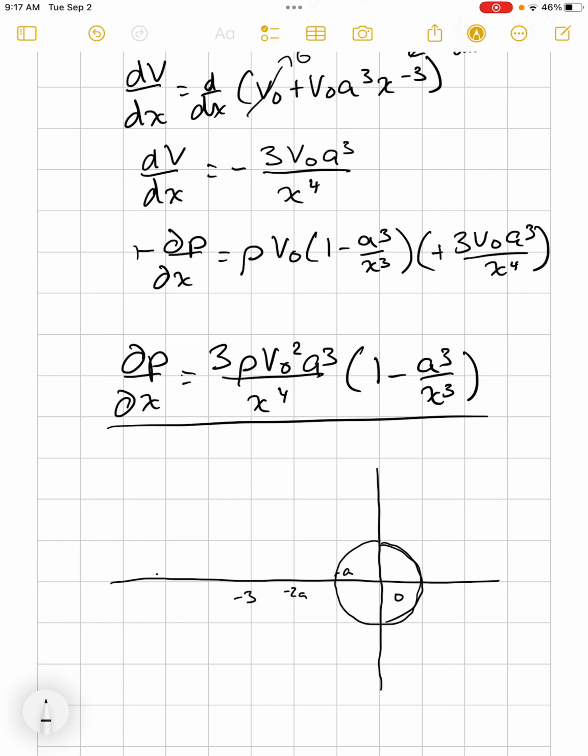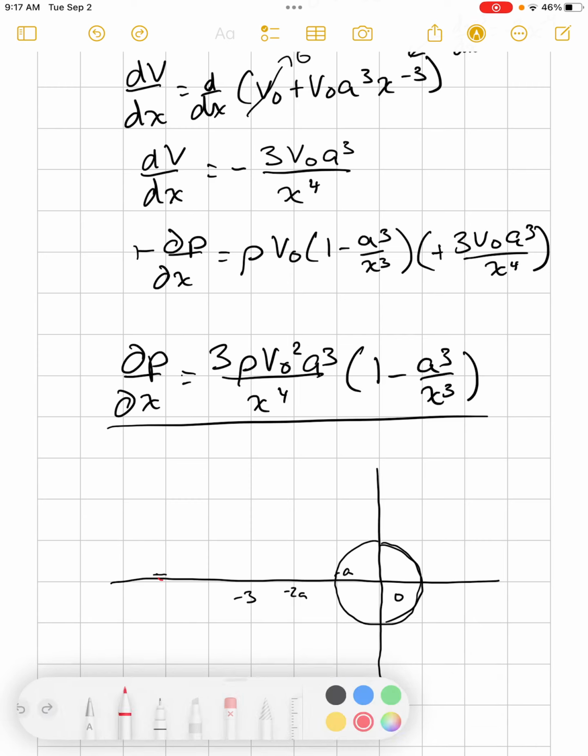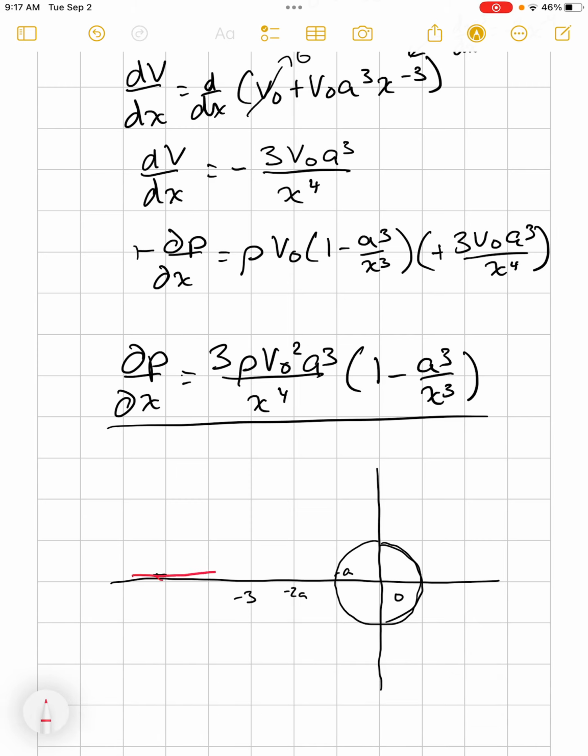What we get is something that at infinity is asymptotically approaching 0, and then as it increases, it comes up, and then right at this point, it goes to 0. So it looks something like that. Maybe I'll redraw that in red so it's easier to see. It's going to go like this. It's going to peak and then drop down, and after that, it's 0.